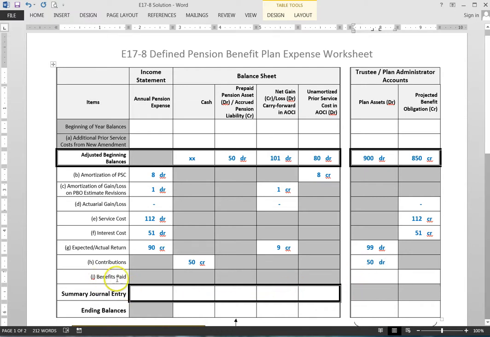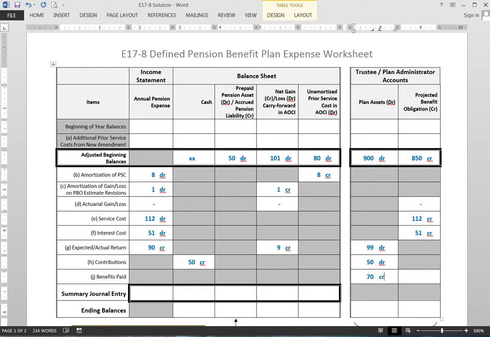And then also benefits paid. Benefits are not paid out of the cash of the company. They're paid out of plan assets. That's why we have this plan administrator, to accumulate the assets that are necessary to make good on the promises that we've made on the projected benefit obligation. And I decided, I think, that we had $70,000 in benefits being paid out.